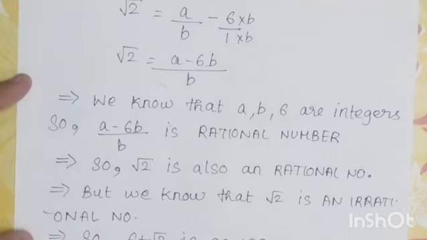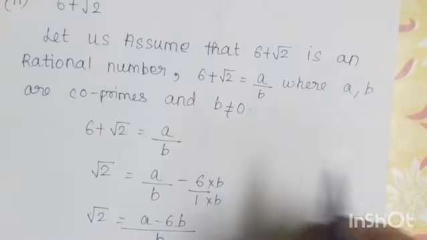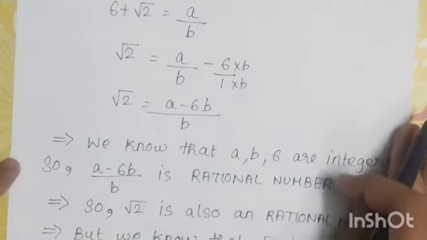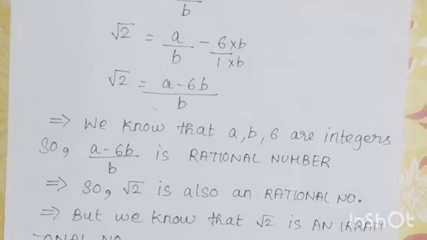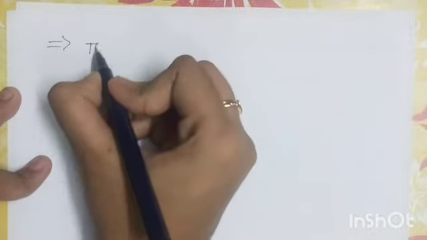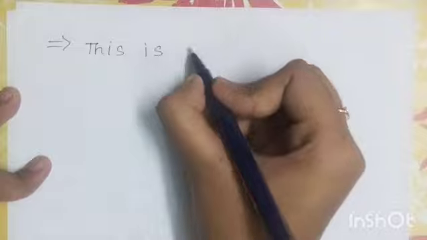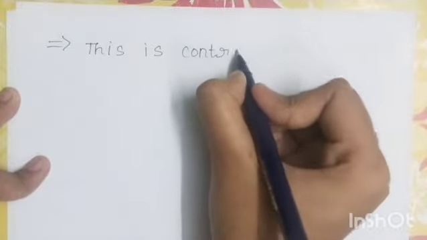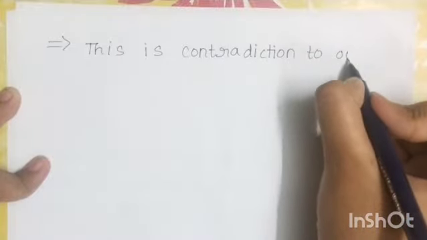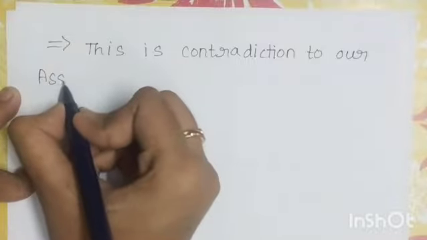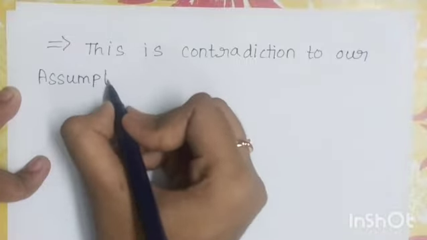So this is totally opposite to our assumption. We assumed it is a rational number, but at last we found that it is an irrational number. So it is a contradiction to our assumption, which is nothing but opposite to our assumption. So I can write, this is a contradiction to our assumption.